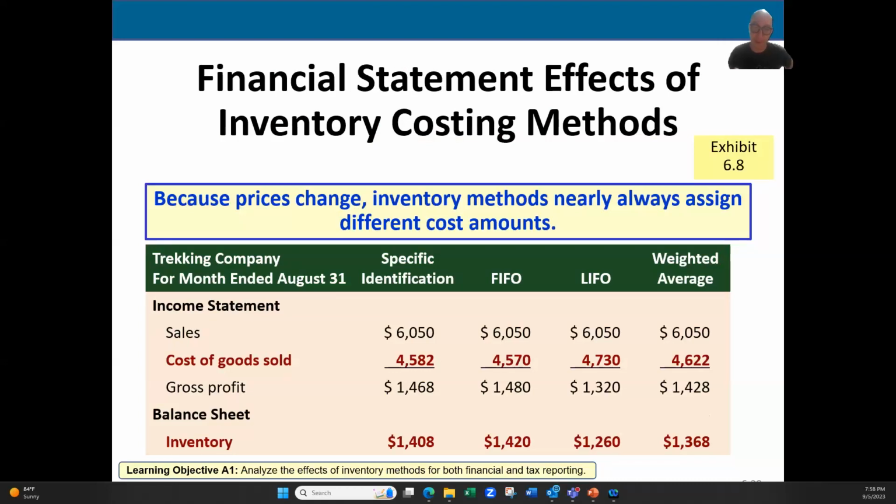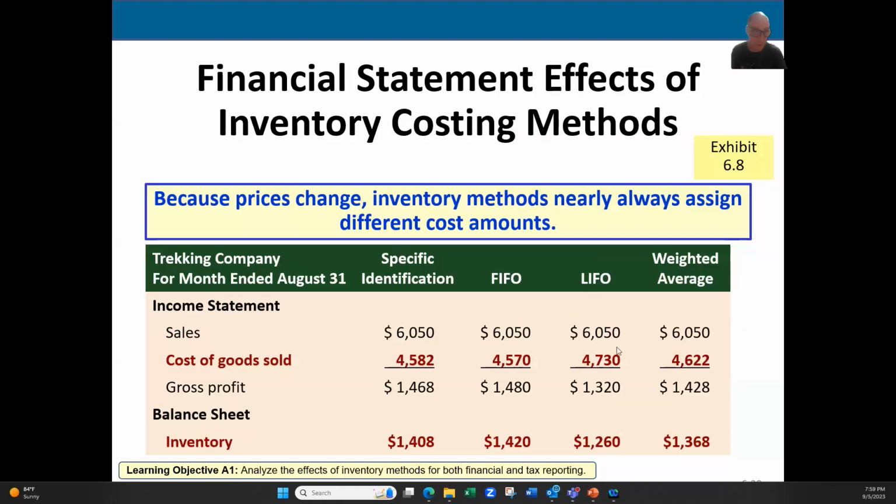They want to have a lower taxable income, so they have to pay less taxes. Exactly. Last in, first out will give them a lower taxable income because the gross profit will be less.